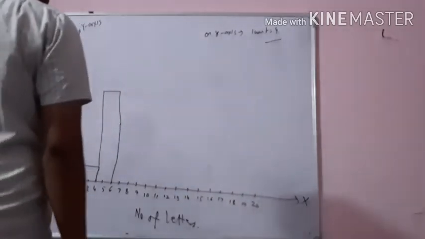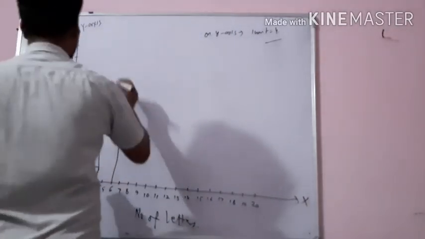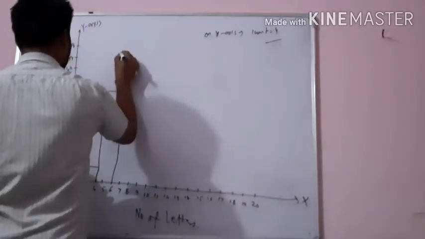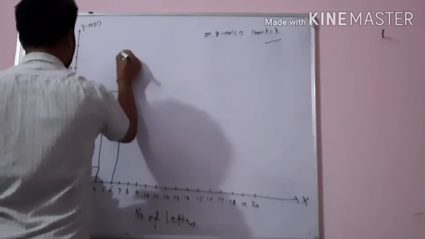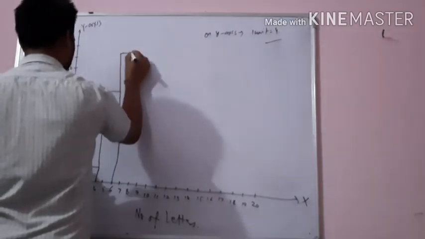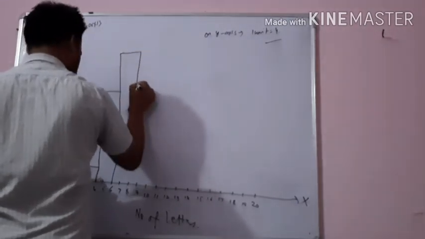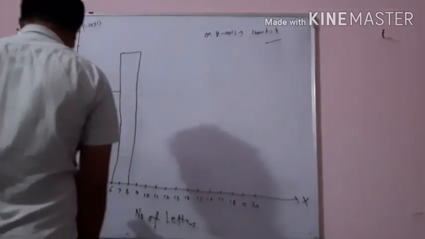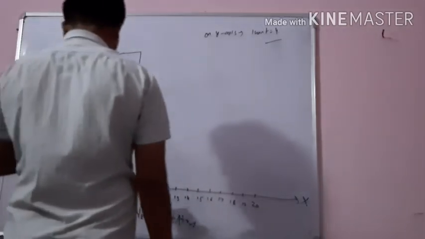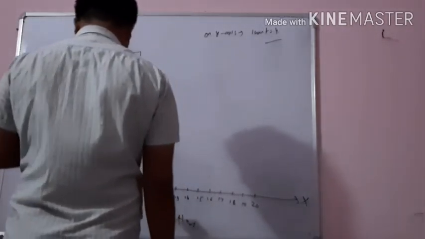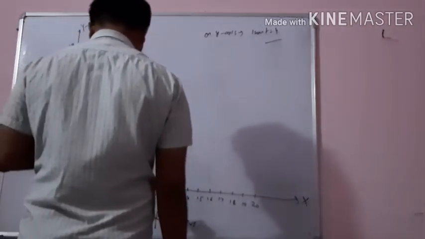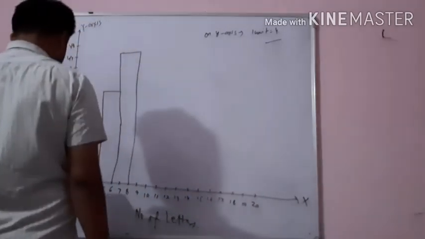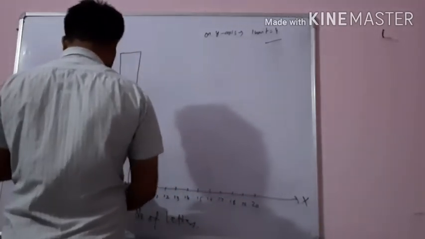Now the next group is 6 to 8. It is 44, so draw 44 for 6 to 8. Again 8 to 12 it is 8.